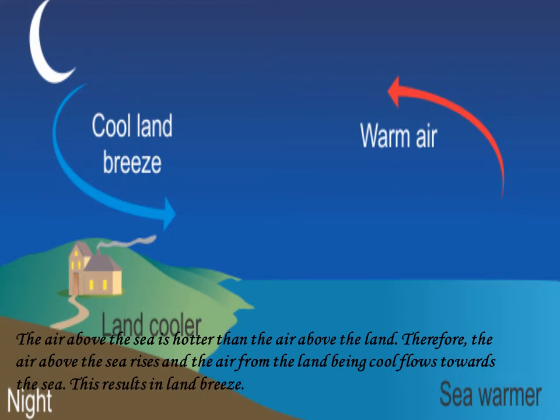The air above the sea is hotter than the air above the land. So, the air above the sea rises, and the air from the land, being heavier, flows towards the sea. This results in land breeze.